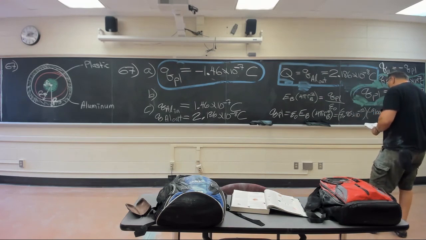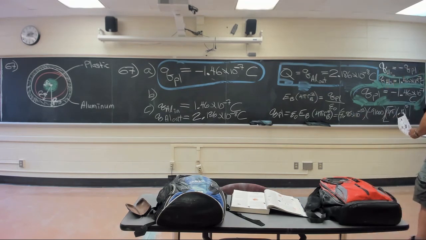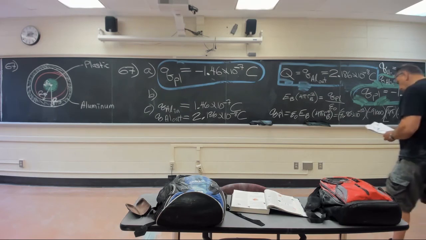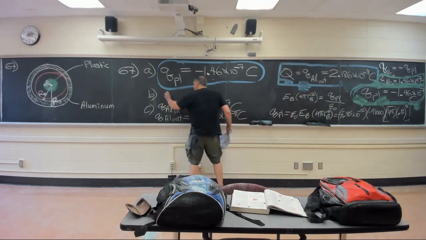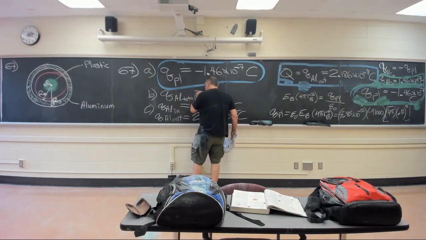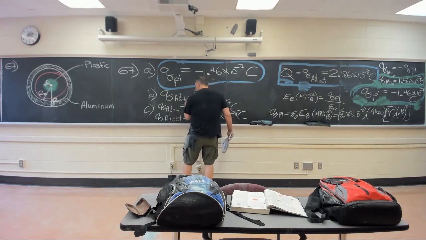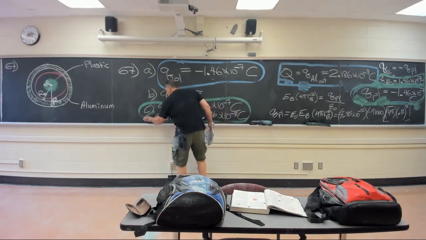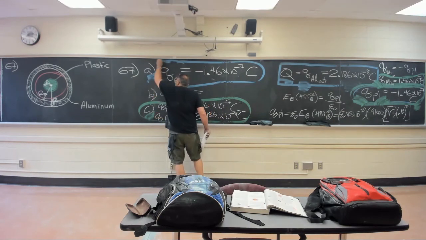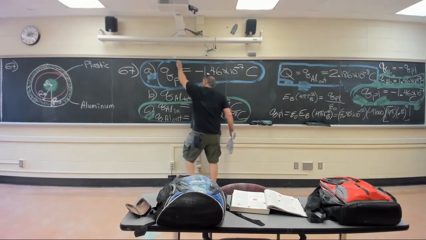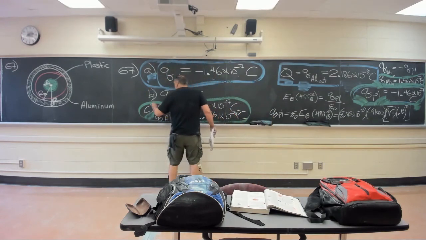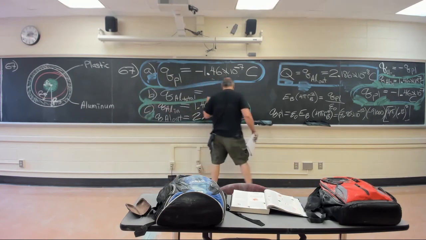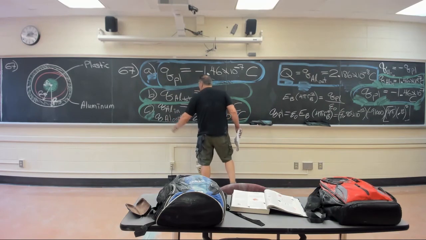B, what's Q aluminum total? Well, Q aluminum total, that's C. This is A. And B, well, why don't you just add all the charges that are there?